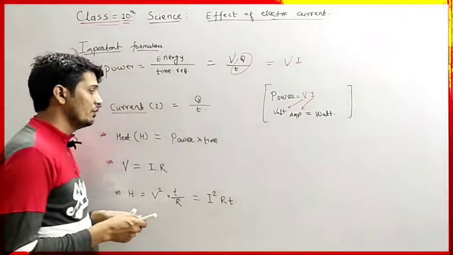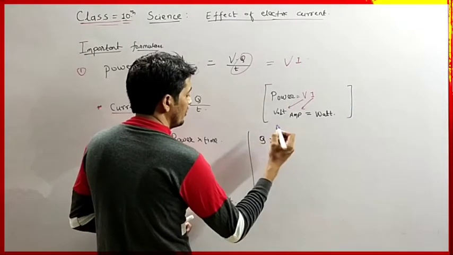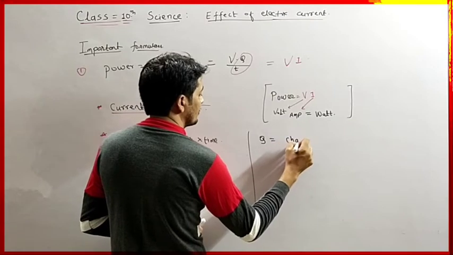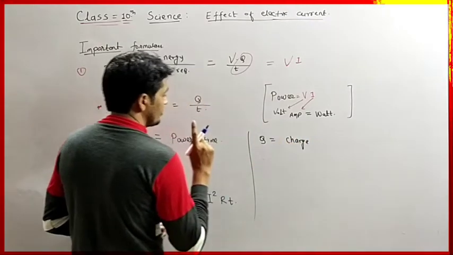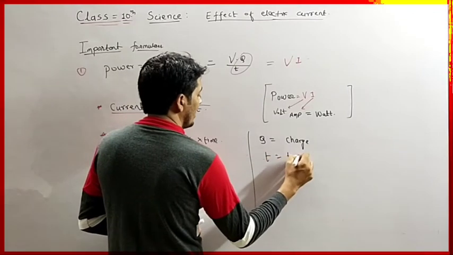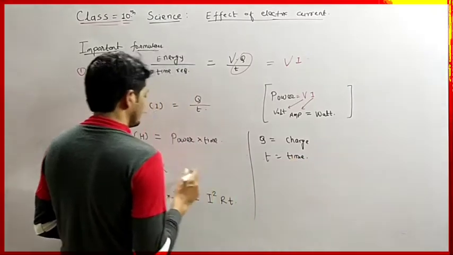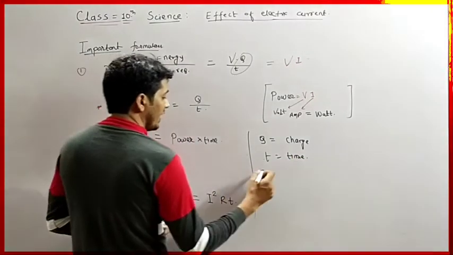So here you have to write Q. What is Q? Q is nothing but the charge. Q is charge. T is time, and generally we take time in seconds. Then we have H. H is heat.